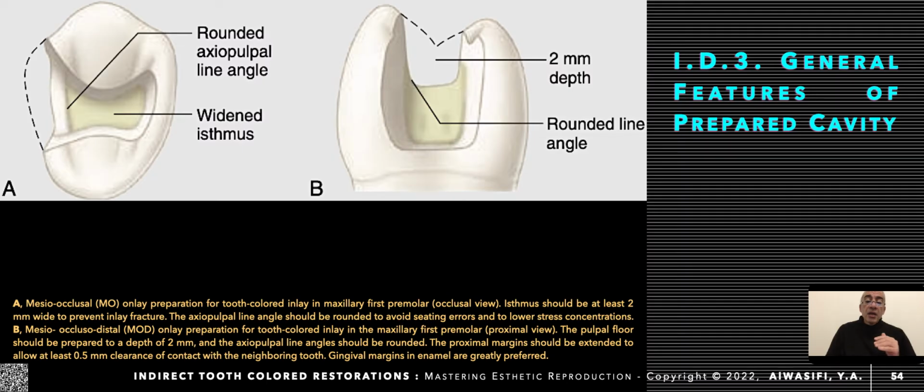Okay? Those are schematic diagrams showing, in figure A, the rounded axiopulpal line angle and the widened isthmus portion. For figure B, the depth is not less than 2 millimeters, with rounded line angles. All of these are because of the brittleness of the materials used.